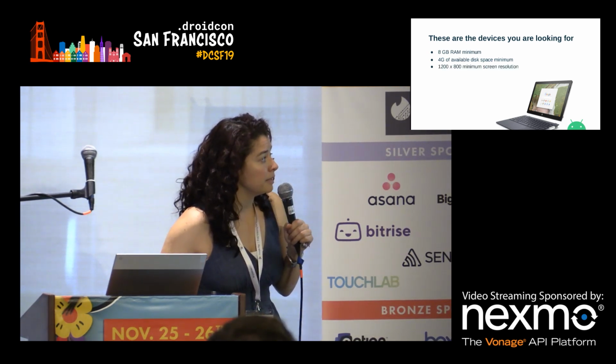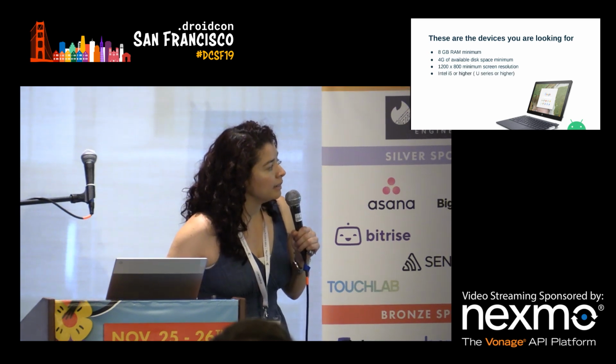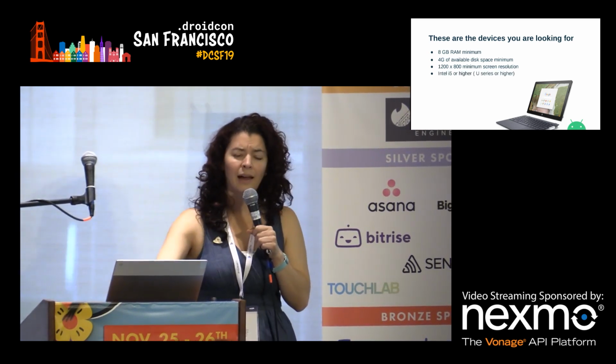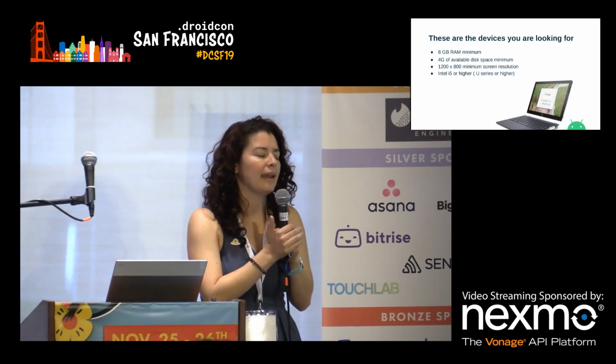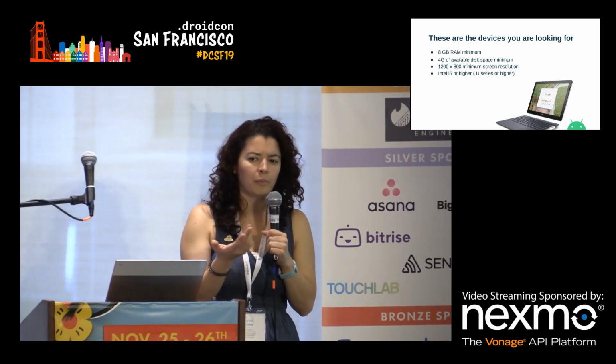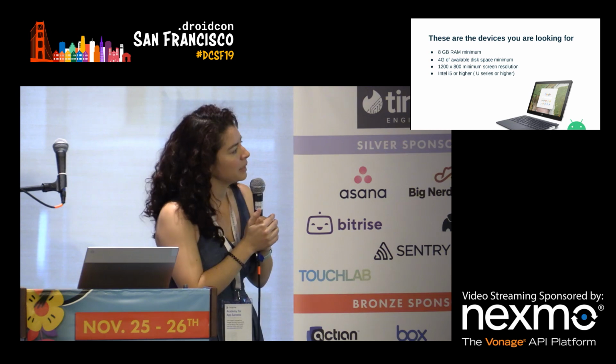This is the minimum screen resolution, and Intel i5 or higher. We have a website that has what devices in specific, but a couple that I can think of is the Lenovo Yoga Book and the Acer Spin something.